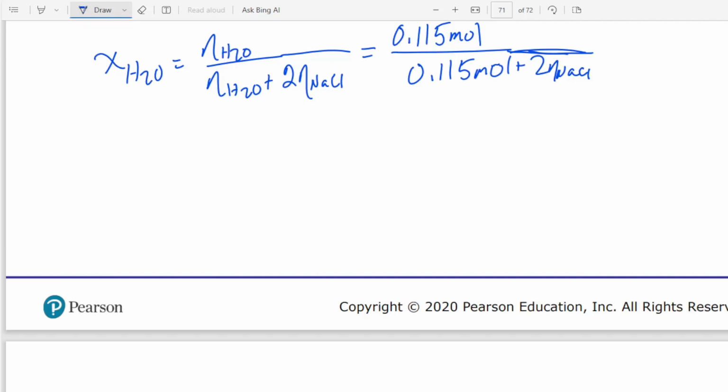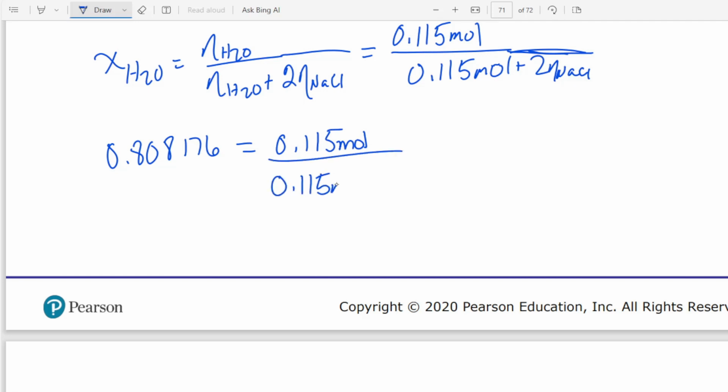So now we can say that 0.808176, which is the mole fraction for the water, is equal to 0.115 moles divided by 0.115 moles plus 2 times the number of moles of sodium chloride. Okay, so now we can solve for the moles of sodium chloride.